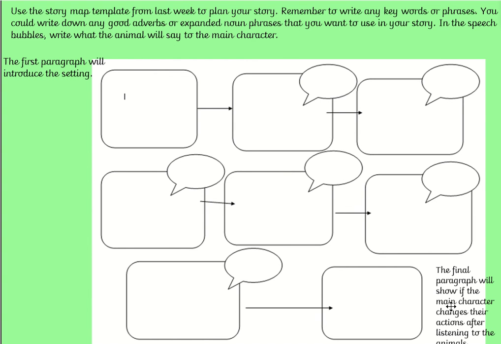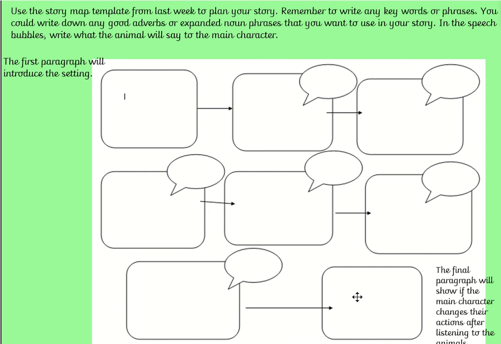He might do something else, or he does drop his axe, but for a different reason. If you are doing challenge 3, your character at the end might have a similar ending to the Great Kapok Tree, that your animals in your new setting manage to persuade that character not to harm their habitat, or it might have a totally different ending. But this final paragraph is where you show the main character's actions and how they have listened to the animals.